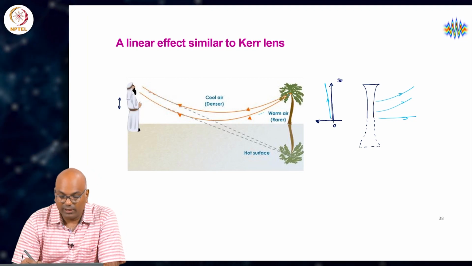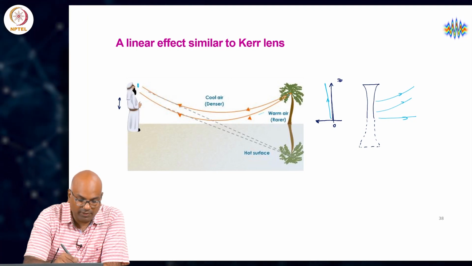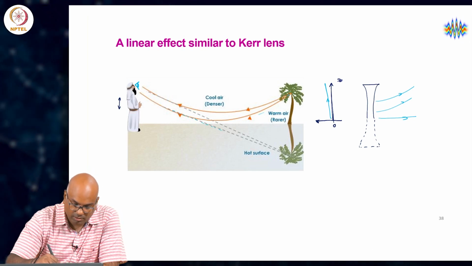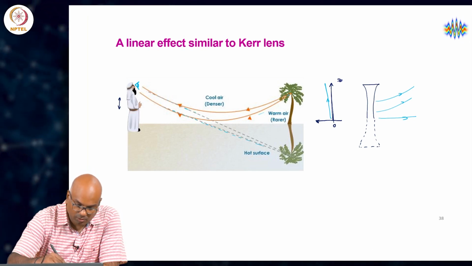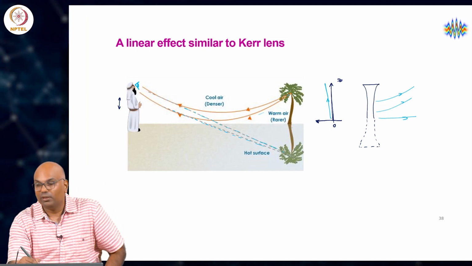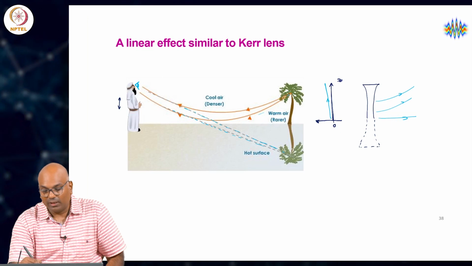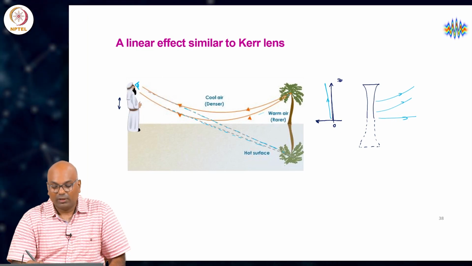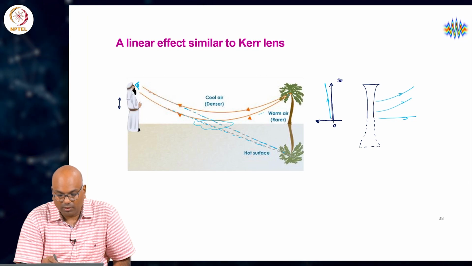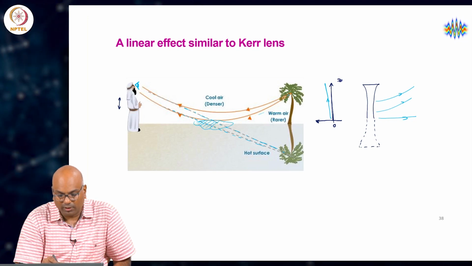As a consequence, the observer observing it from here maps this down to a virtual image where a palm tree which is present here appears inverted, and hence as though it is a consequence of reflection from a pool of water here.